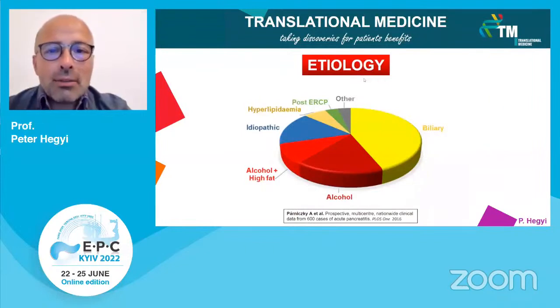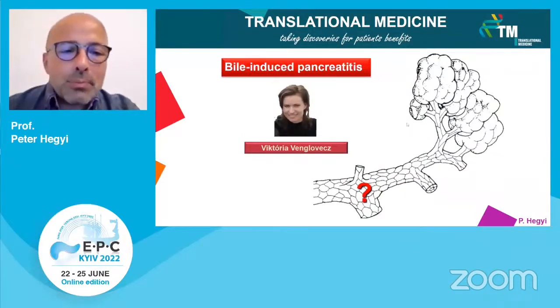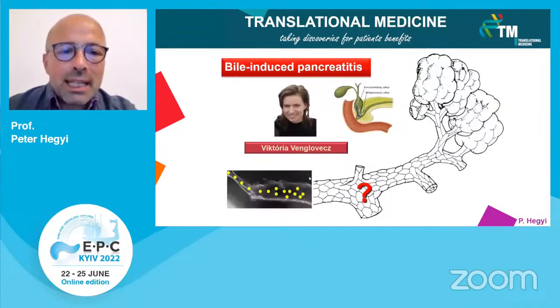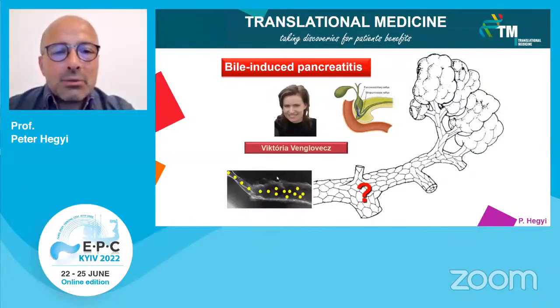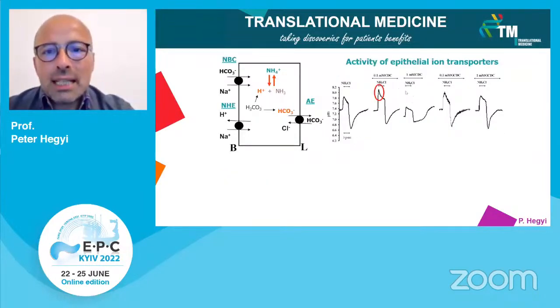So let's look at how pancreatitis develops. One of the most common etiological factors is the biliary part. My first PhD student, Viktoria Venglovecz, was the one who performed this kind of experiment. She mimicked the situation. She injected bile acid into the pancreatic duct tree and looked at the result.